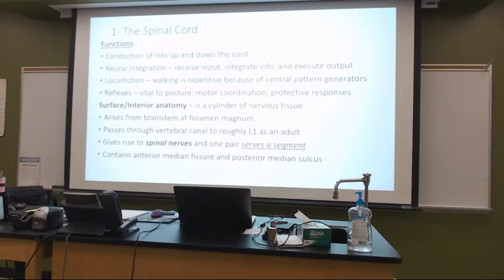The effectors of our body are either muscle. Don't forget, we've got 3 types: skeletal, cardiac, and smooth. Muscle, glands, types of glands that secrete.